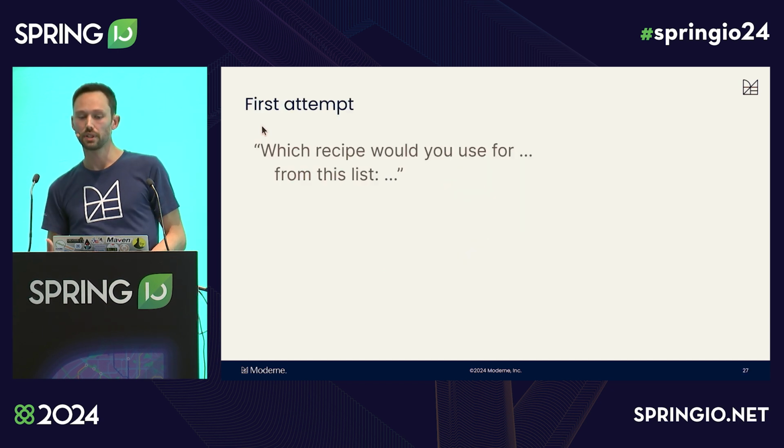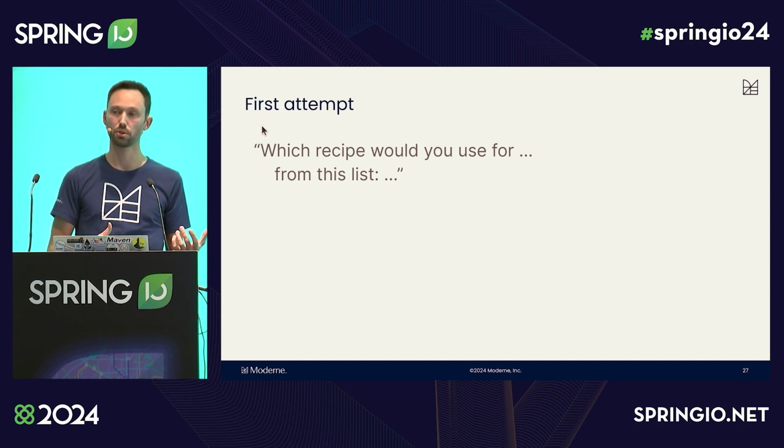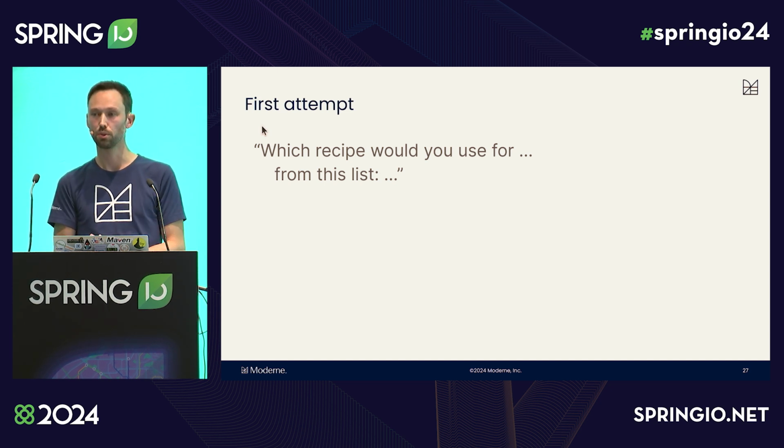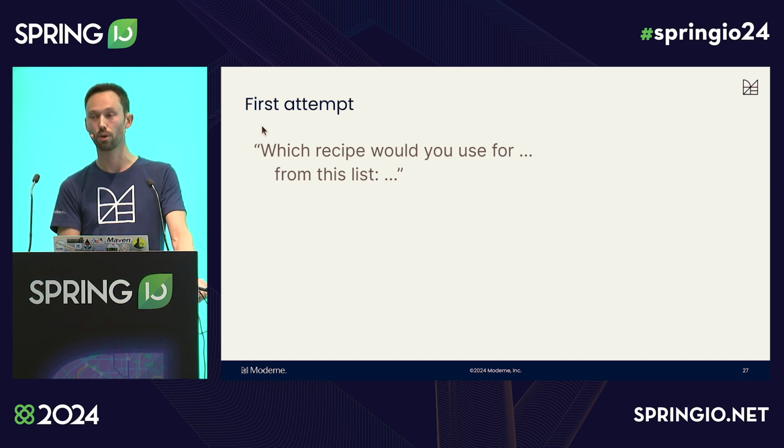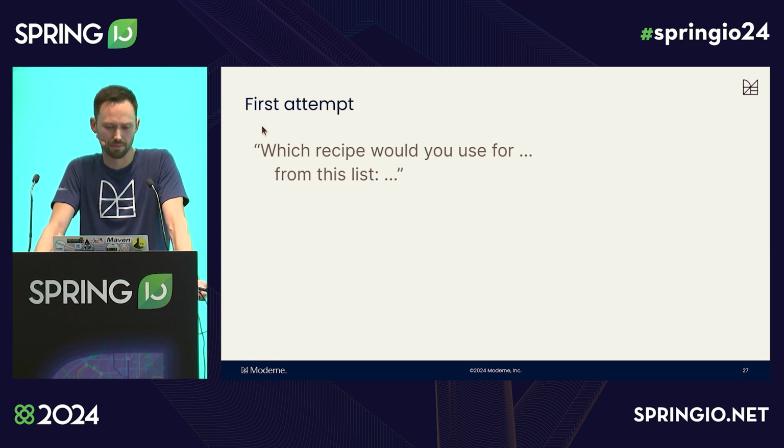Now, our very first attempt at this was very naive. We used an open source model locally and asked it to pick a recipe from the complete list. We pass in a query that the user had entered and our 1,000 recipe descriptions, and then parse the results. But this didn't work very well.